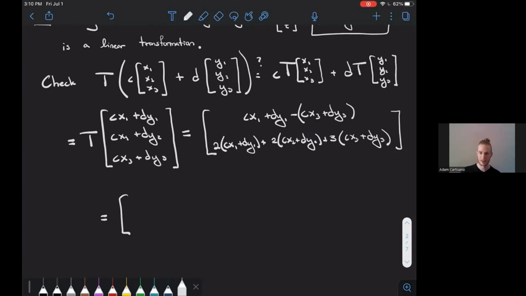So what that will look like is cx1 minus cx3 plus dy1 minus dy3.